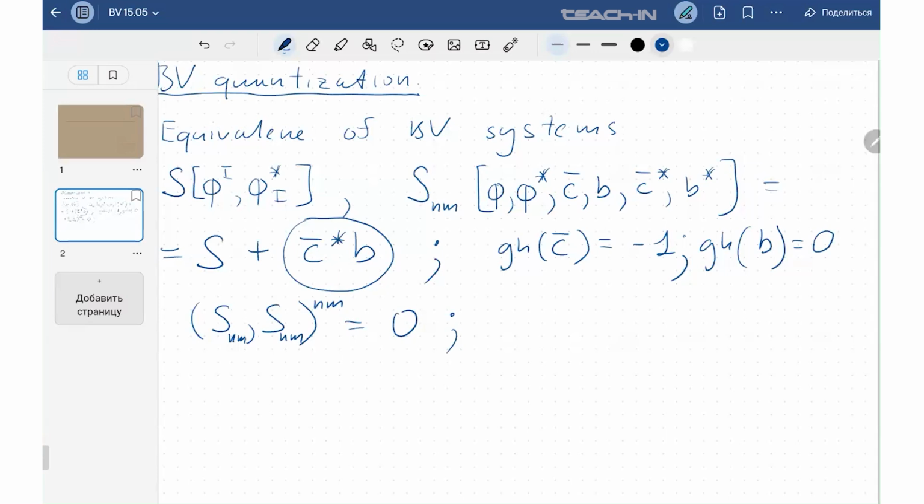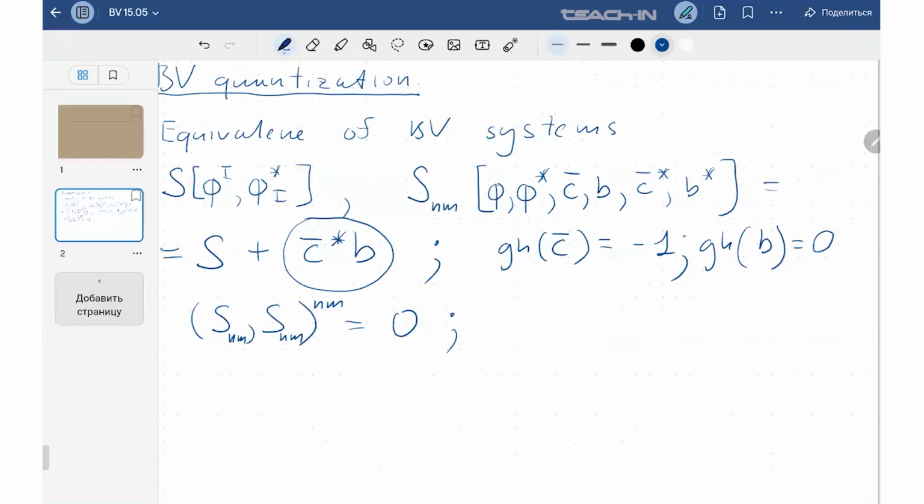So it means that this term c bar star b depends on fields of degree 0, so it's a part of the physical action. And equations of motion for b tell us that c bar star is 0, and equations of motion for c bar tell us that b is 0.